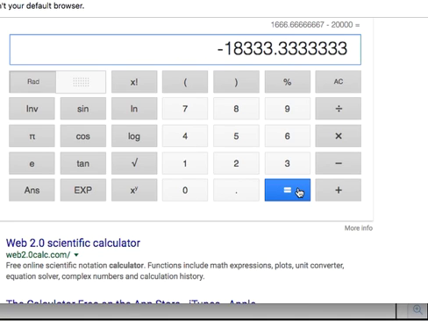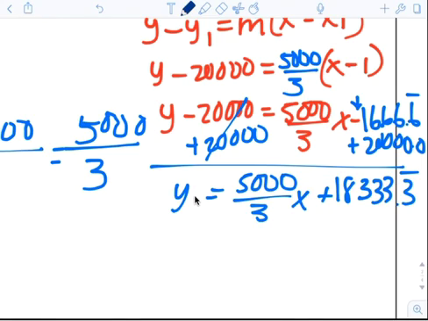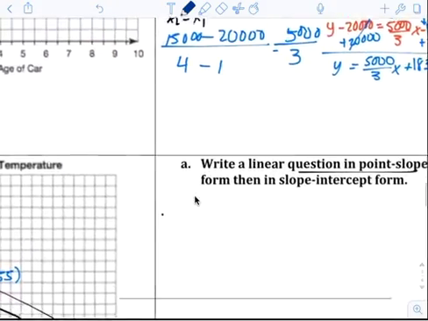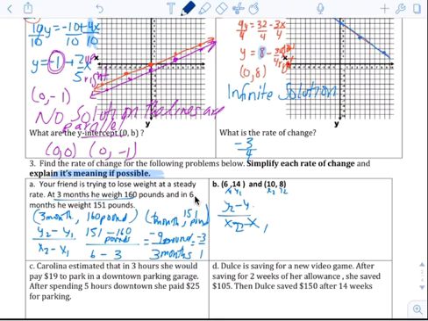So your answer is a positive, even though that says negative. Ignore that. 3.3 repeating. That's your answer. You know how to use your calculator. Okay? So, good luck on this one. And that's it. You should be fine.